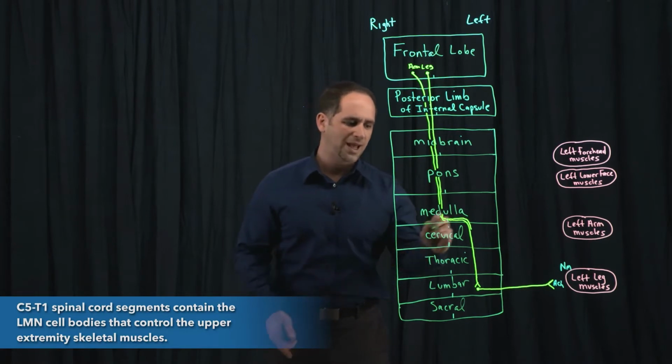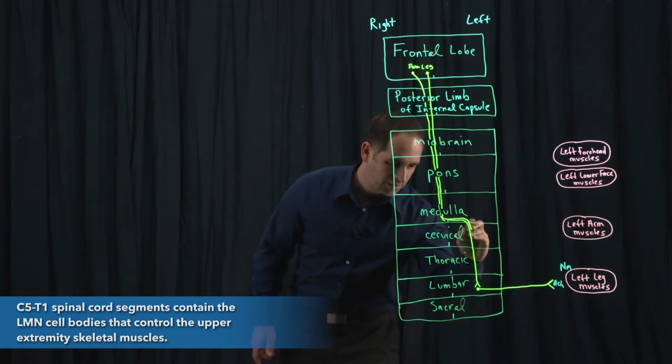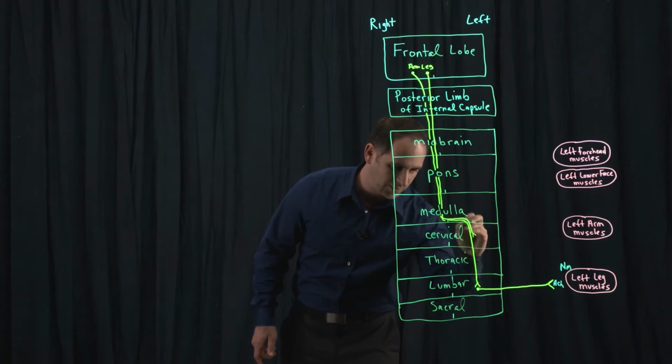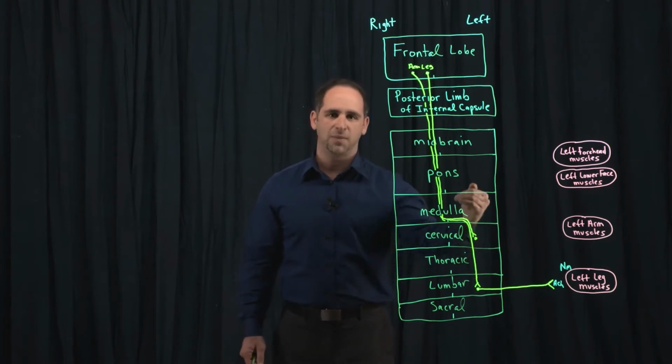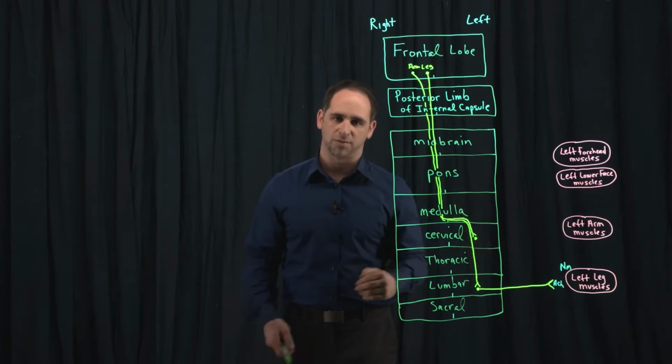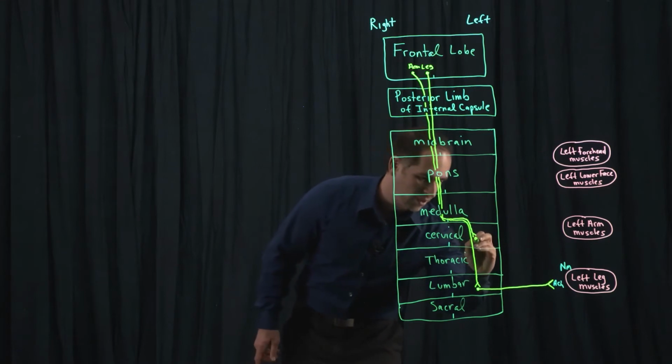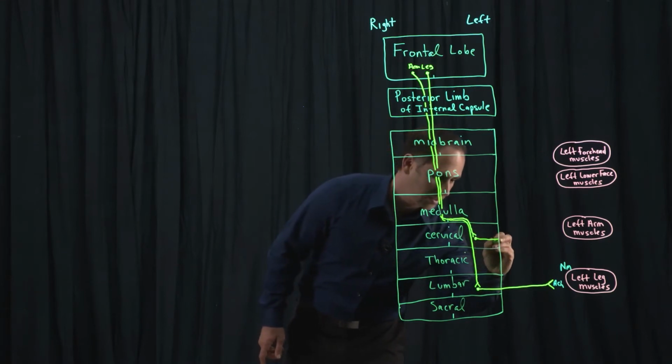So what we need to have here then is this upper motor neuron ends somewhere, for our example, in the cervical cord and excites that lower motor neuron there higher up in the spinal cord than we had for the lower extremity. And just like we had before, the lower motor neuron is going to exit.